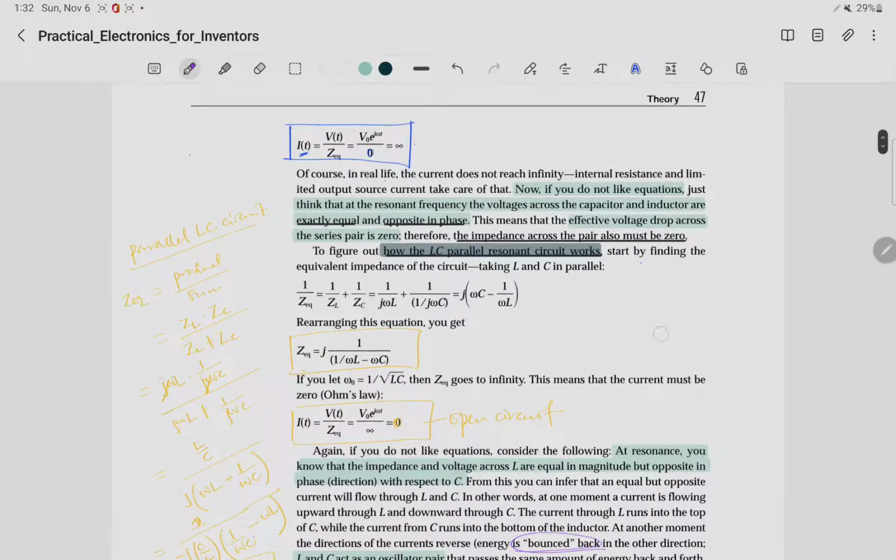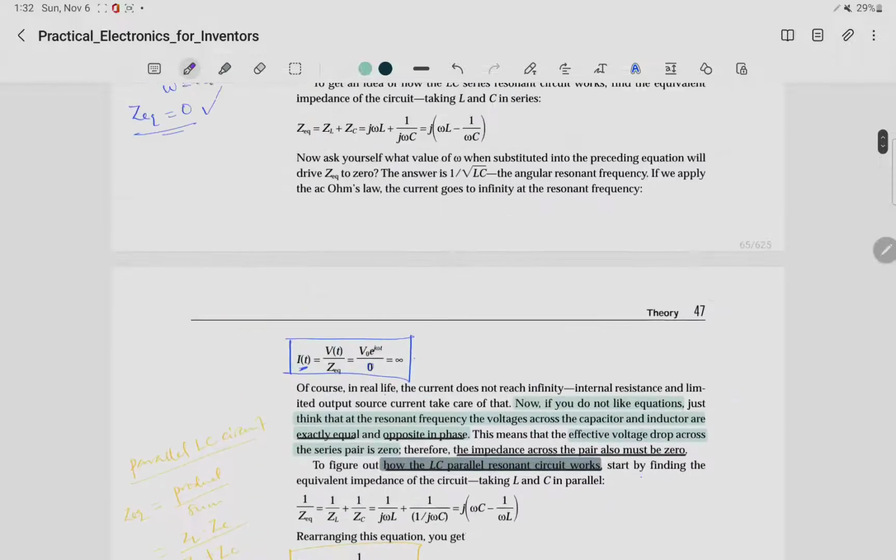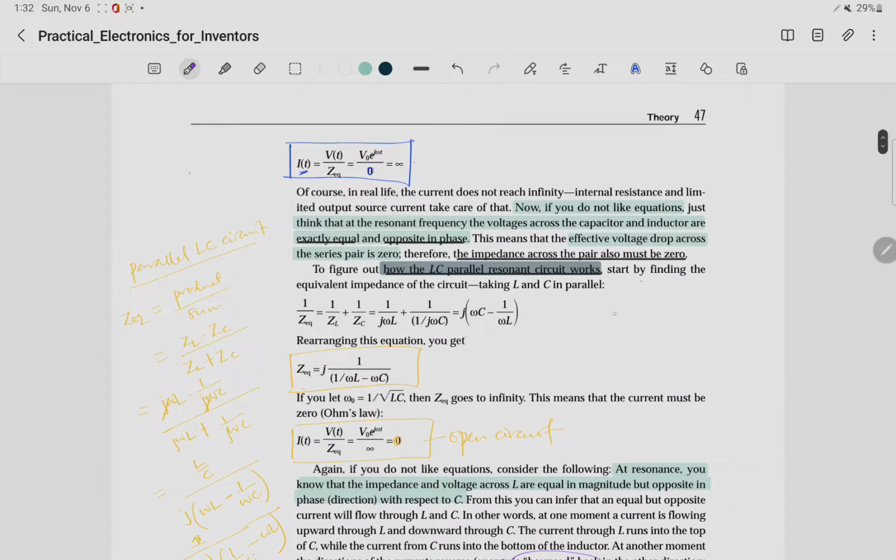So basically what they're trying to mean is, let me just write here. You have an AC source supply, you have your inductor here, and your capacitor here grounded. So at one point you'll have a current flowing here. This is L, then this is C, IL.